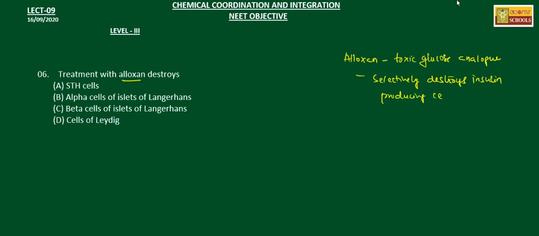Insulin producing cells. So we know that insulin producing cells in pancreas are the beta cells, in islets of Langerhans.